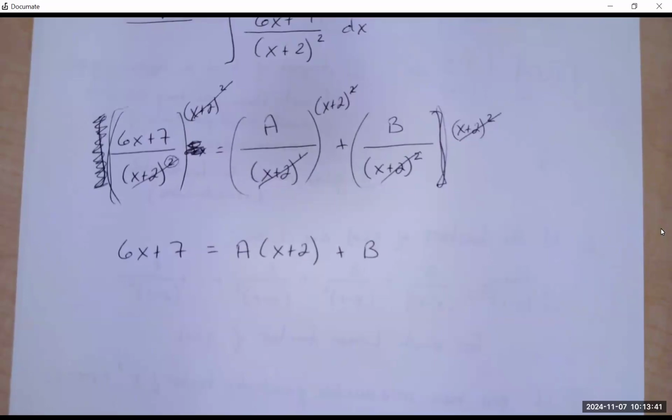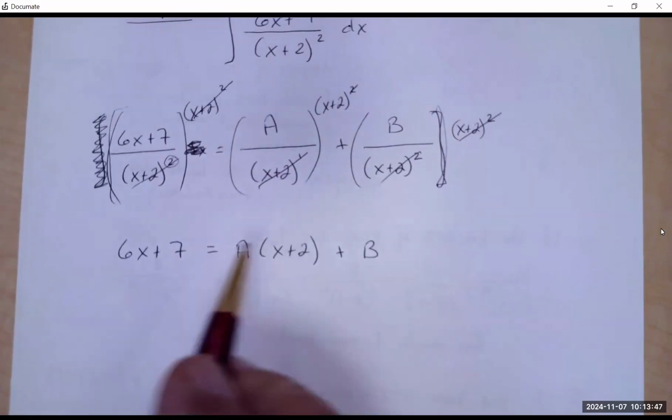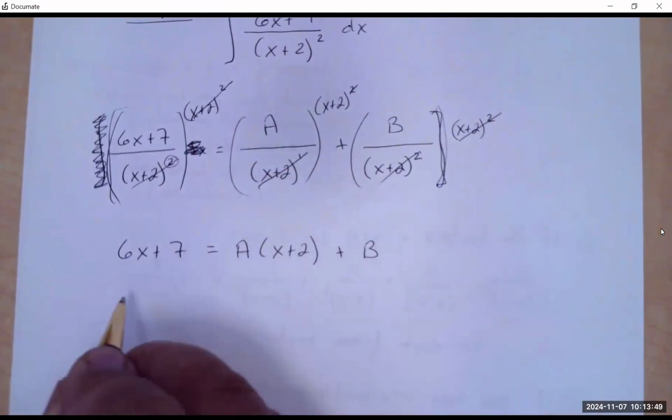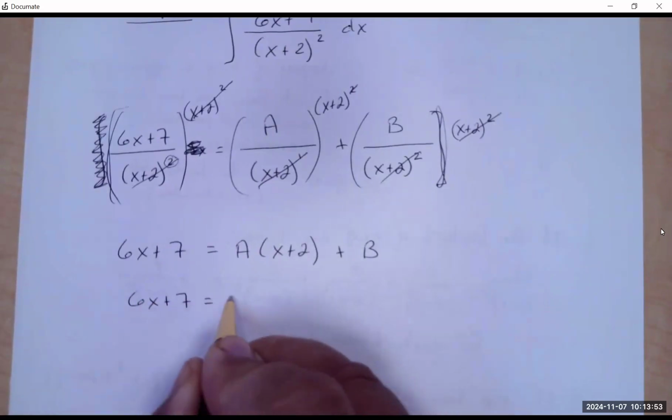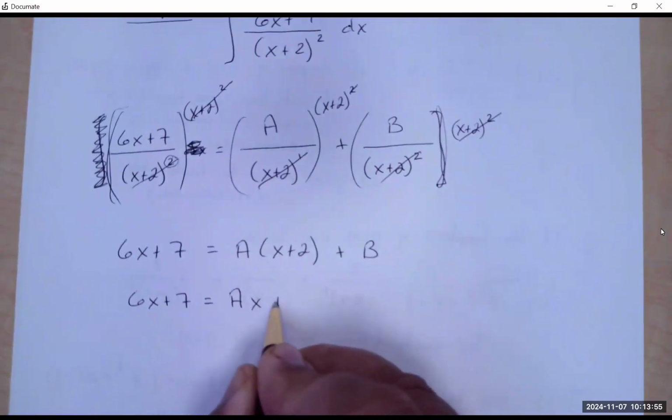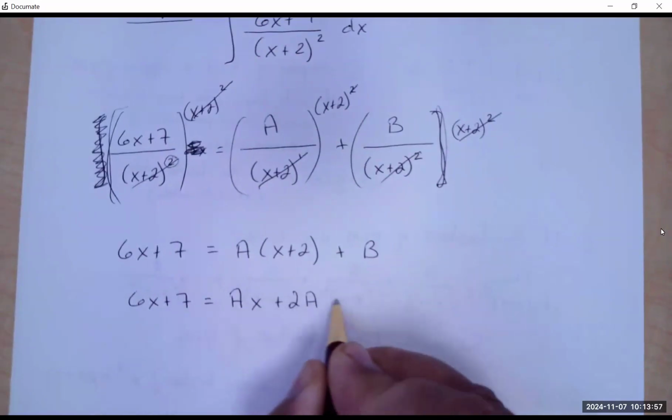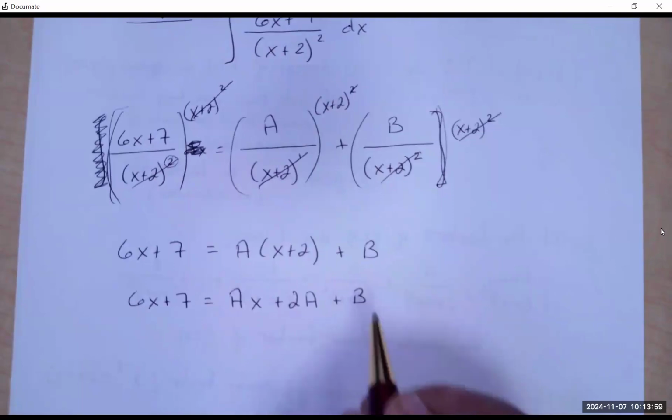So now what do we do? Get rid of the parentheses. So we have ax plus 2a plus b.